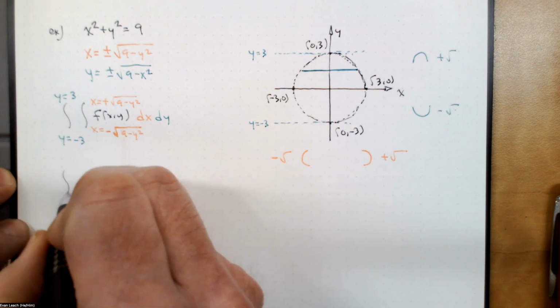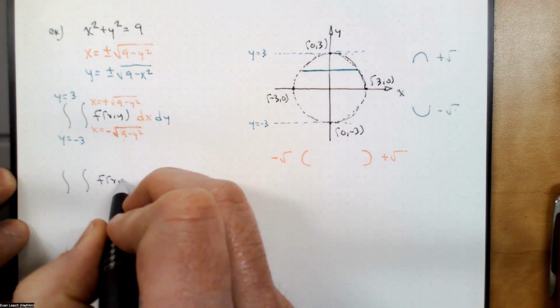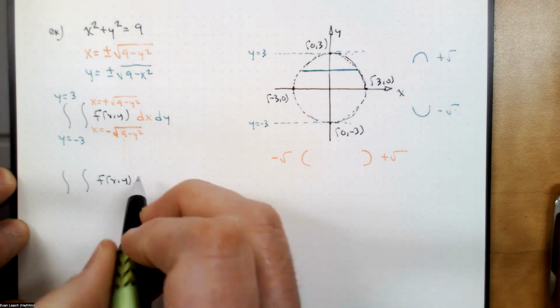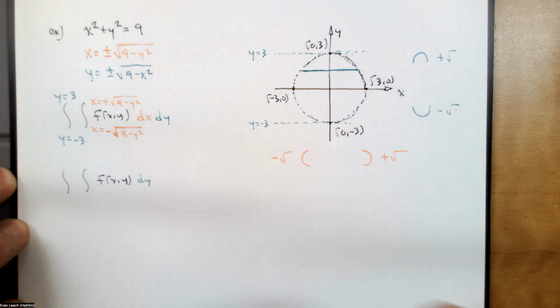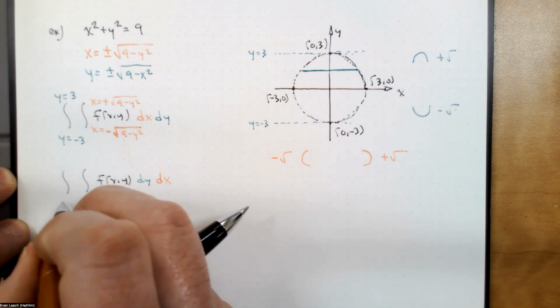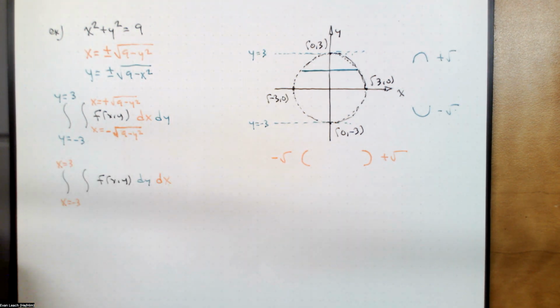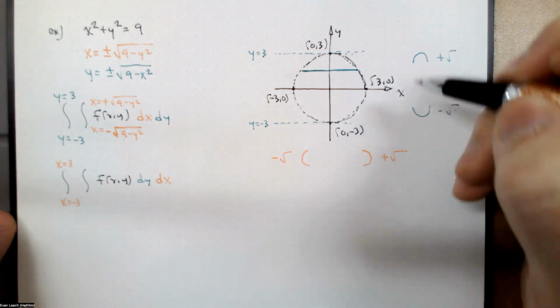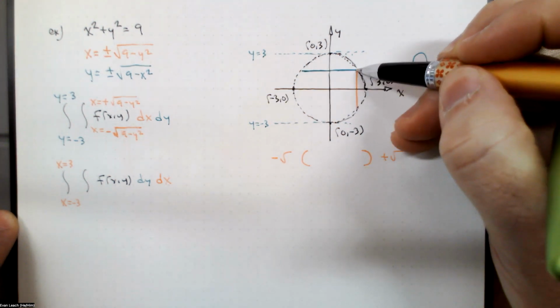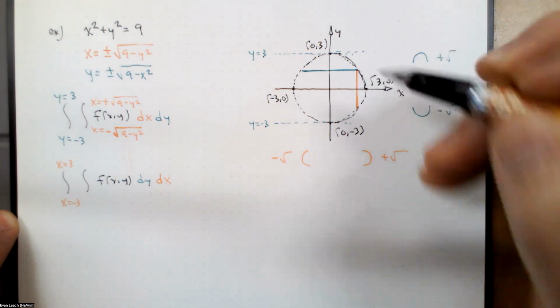We can also set up a double integral the other way, dy dx. Yep, so in a dy dx integral, the x would go from -3 to 3, and the y would go from the bottom half to the top half. So if I pick a typical x value, then we're connecting the bottom half to the top half.